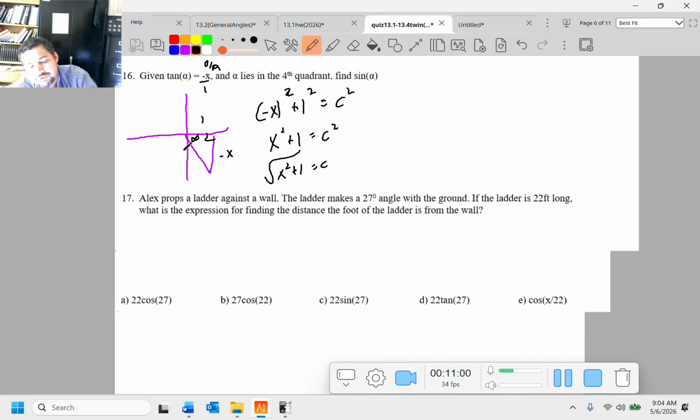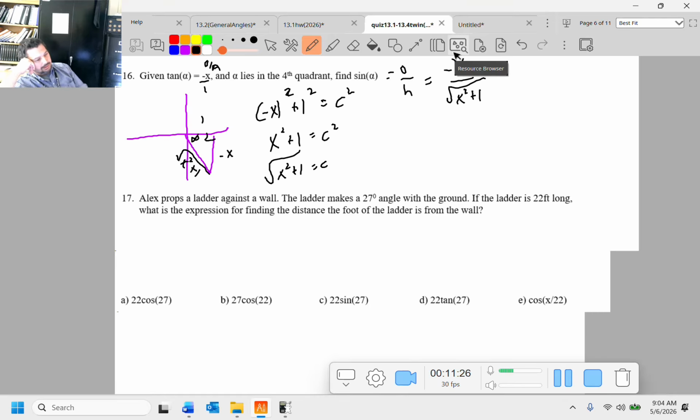Of course, you can't do anything with that. Now, I did all that to find the sine of alpha, because the sine ratio is opposite over hypotenuse. Opposite of alpha is negative x. Hypotenuse, root x squared plus 1. And that's as far as you have to take it.